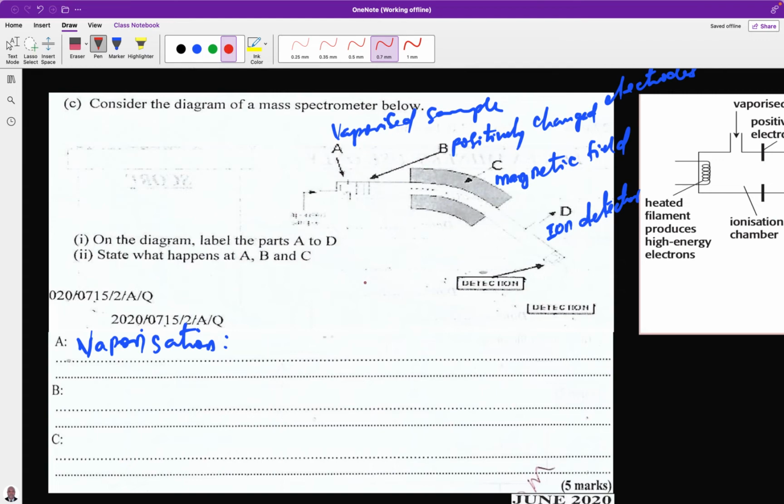Molecules in a sample, because we say they are a vaporized sample. Molecules in a sample are vaporized to form gaseous atoms.